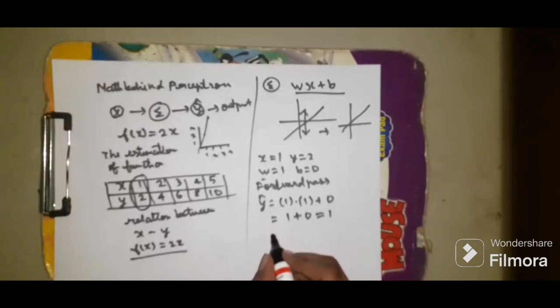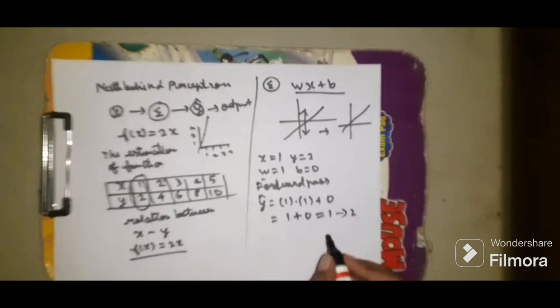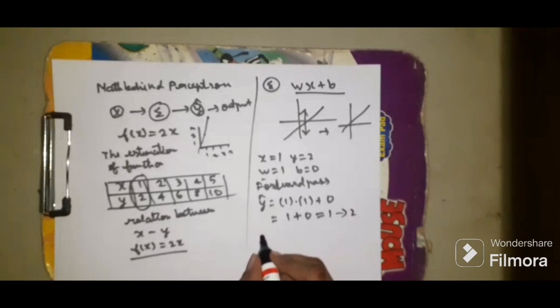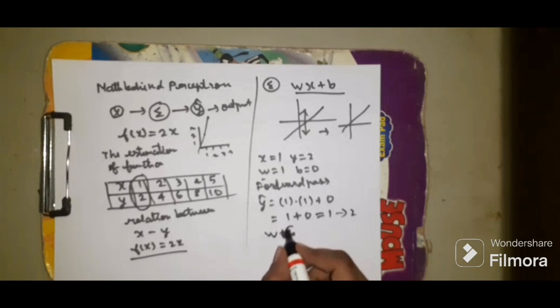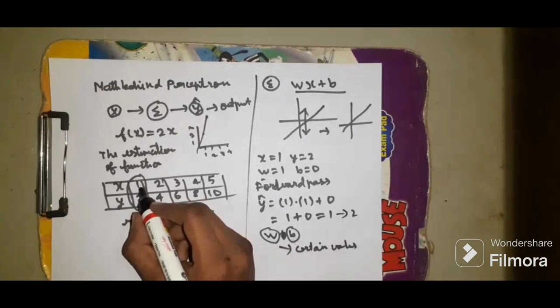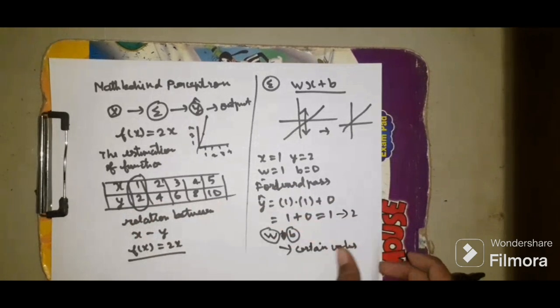The way we get this 1 to 2 is by changing the weights and biases from random to certain values, and when we give the input, it will correctly predict the output.